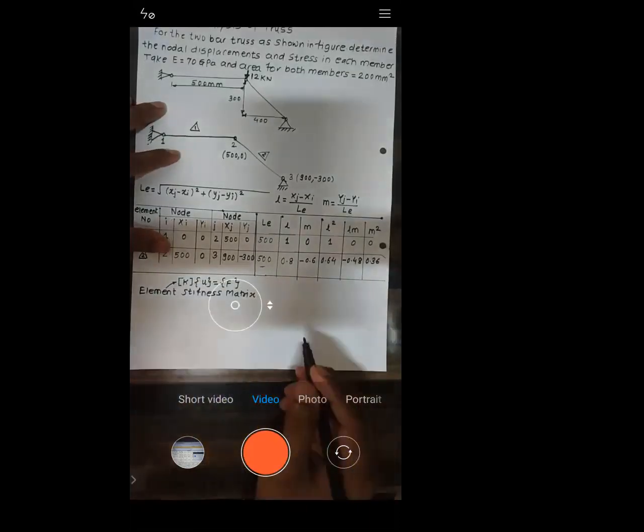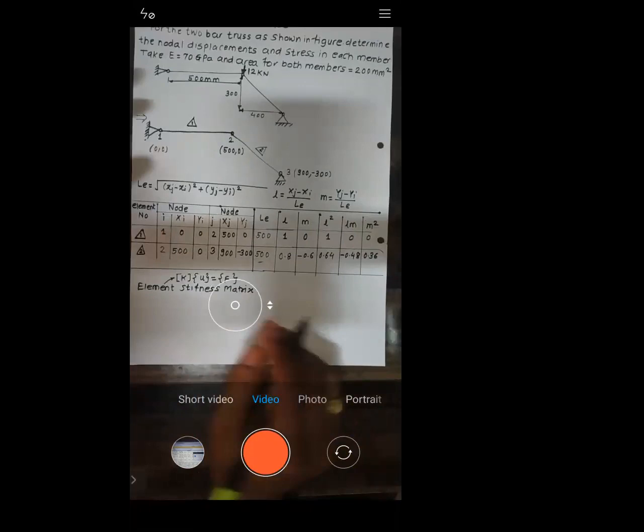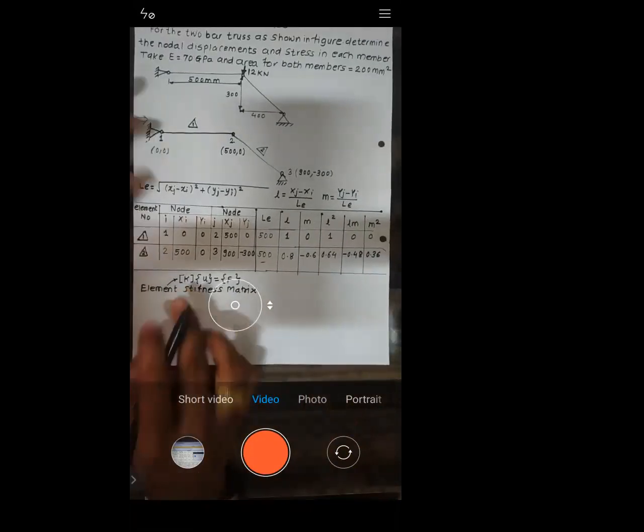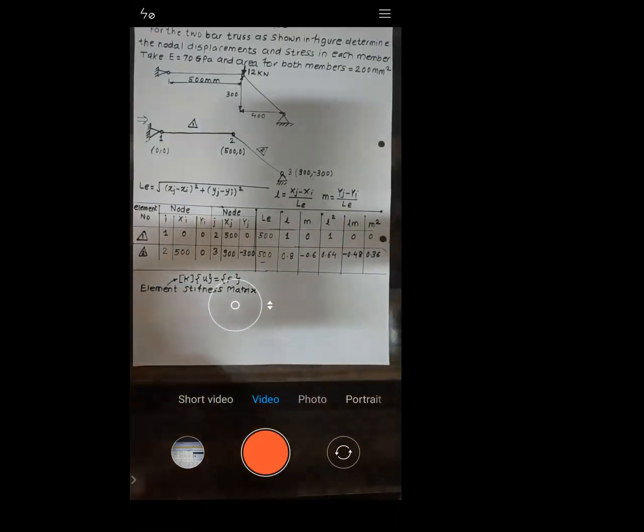And what is its value? This element stiffness matrix will vary from field to field. When you have a bar under axial load, the formula for K was AE by L times 1, minus 1, minus 1, 1. For a bar under torsional load, it was GJ by L. For a spring, it is only K. For a conduction problem, it is K by L. For a convection problem, it is HA.